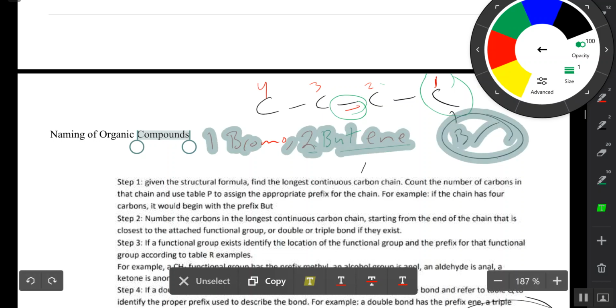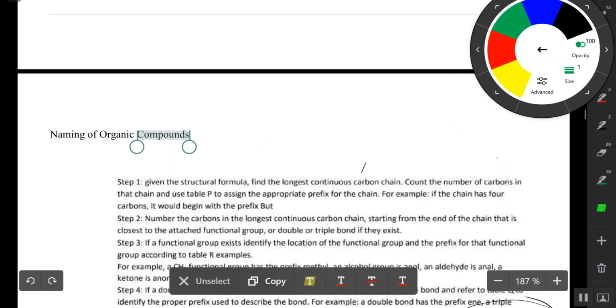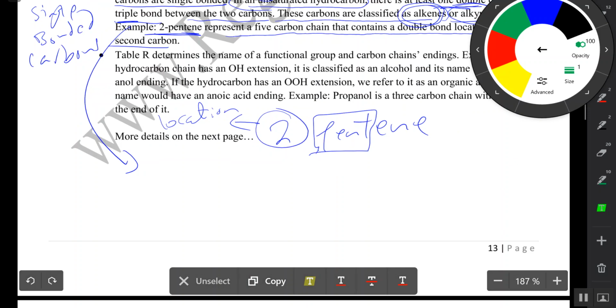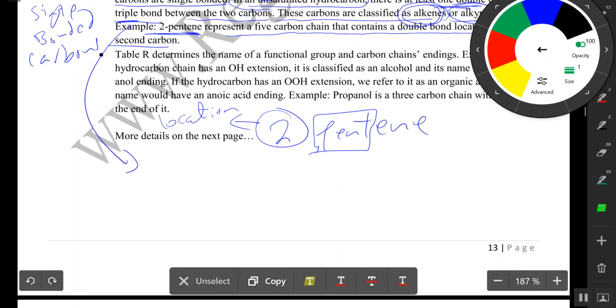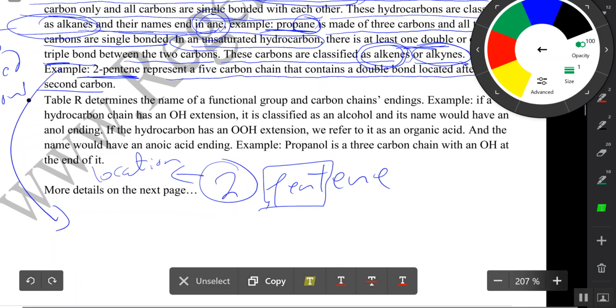Now, we talked about halogens, we talked about double bonds and triple bonds, and now we're going to talk about table R stuff. Okay?